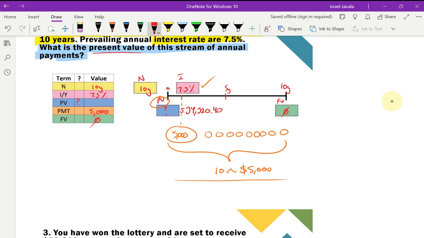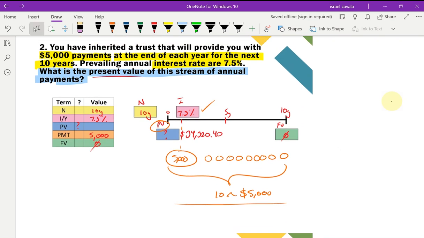Okay, and that is the present value of this stream of income. So let's say somebody wanted to buy this stream of income from you, right? If you were certain that the interest rate or the discount rate was 7.5%, if you were comfortable with that discount rate, then you would accept this amount of money in lieu of the stream of $5,000 payments, right?